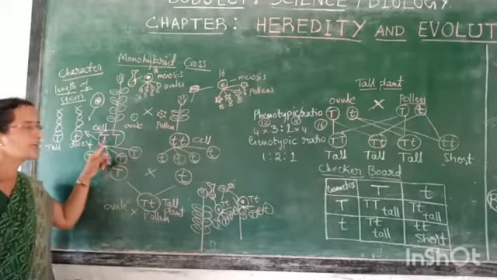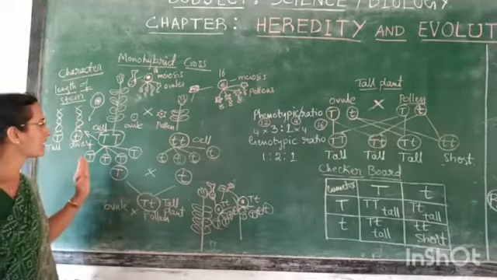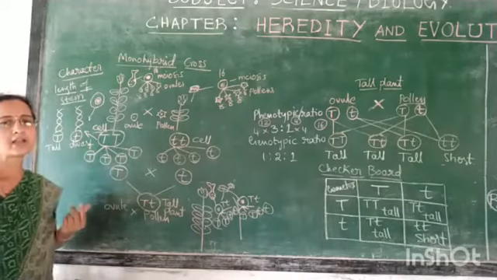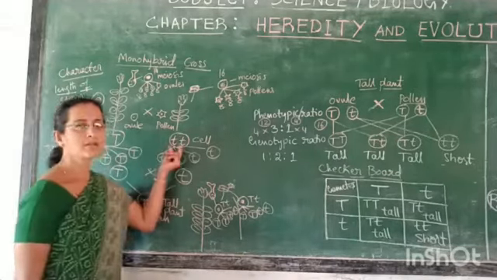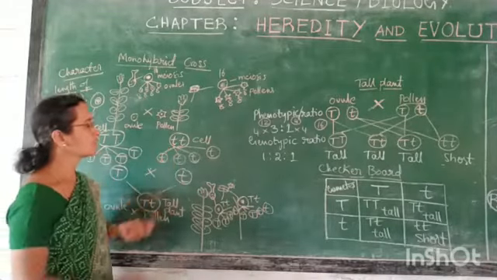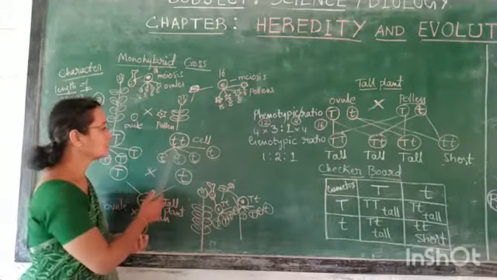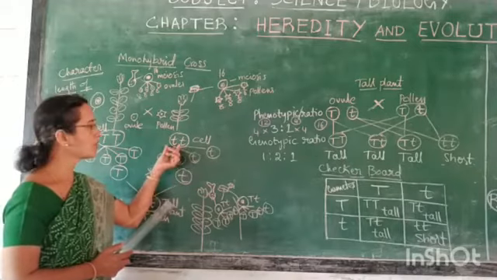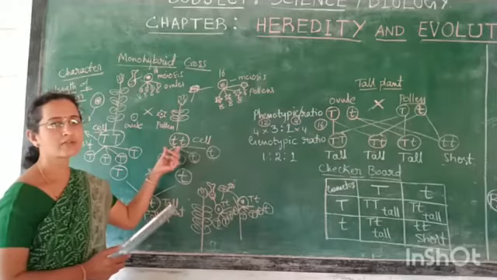The capital letter T denotes a pair of genes called alleles, both having the character for tallness of the plant. Similarly, the small letter t denotes that the character consists of two factors, both denoting the short character of the plant.